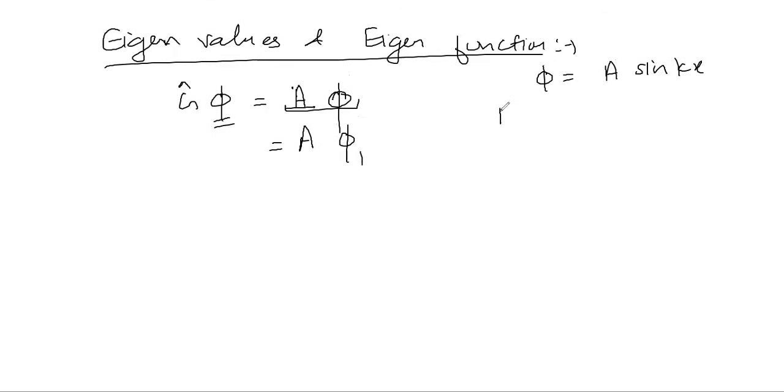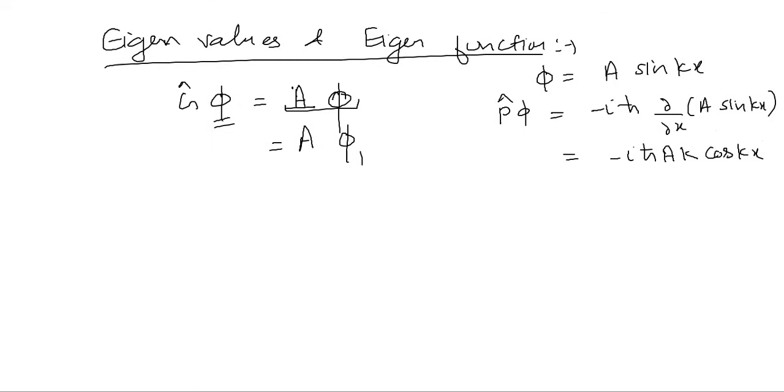अब अगर आप इसके ऊपर मोमेंटम ऑपरेटर अप्लाई करते, so what would happen? Momentum operator minus iota h bar curly by curly x of a sin kx. minus iota h bar, a आपका बाहर आ जाएगा, k भी आपका आएगा, साइन का डिफरेंशिएशन आपके पास में कोसाइन kx आ गया. So you have something a cos kx, बट आपका जो वेव फंक्शन था वो तो a sin kx था, right?